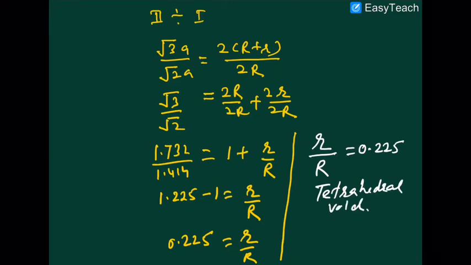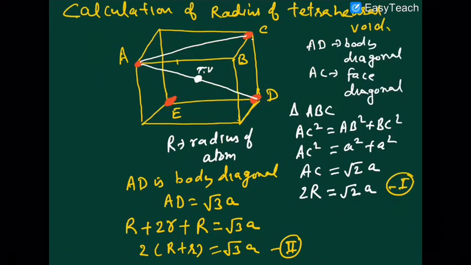Small r is the radius of the tetrahedral void, and capital R is the radius of the atom. Clearly understood now?